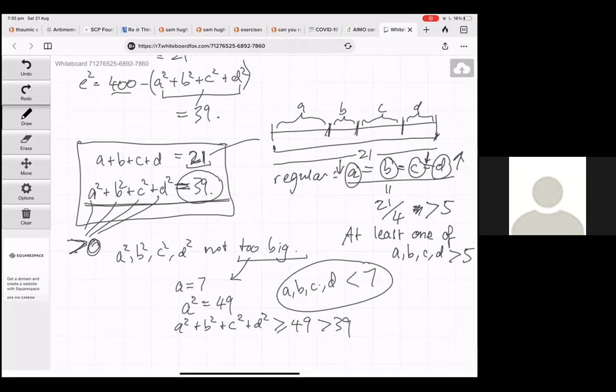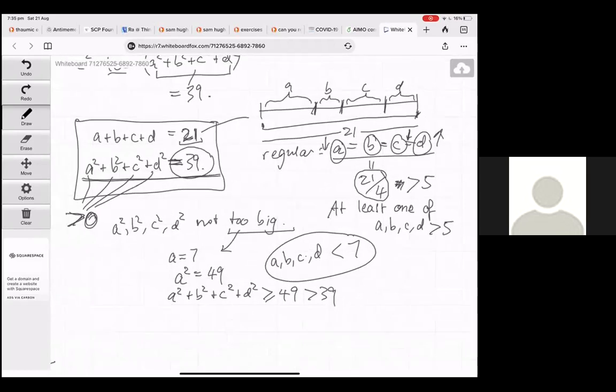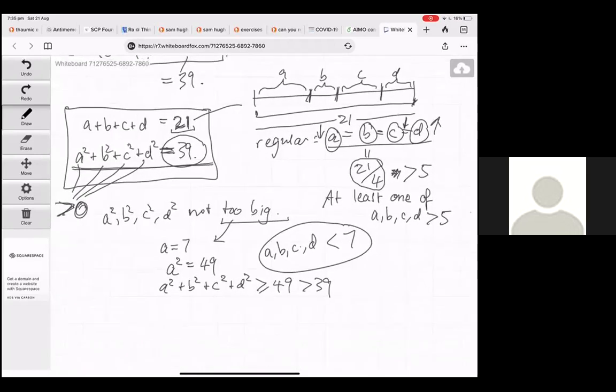If all of them add up to 21, then there's going to be one that's big enough, because if they were all less than 21 on 4, then they wouldn't possibly add up to 21. So that means that we've got at least one of them bigger than 5 and also less than 7.